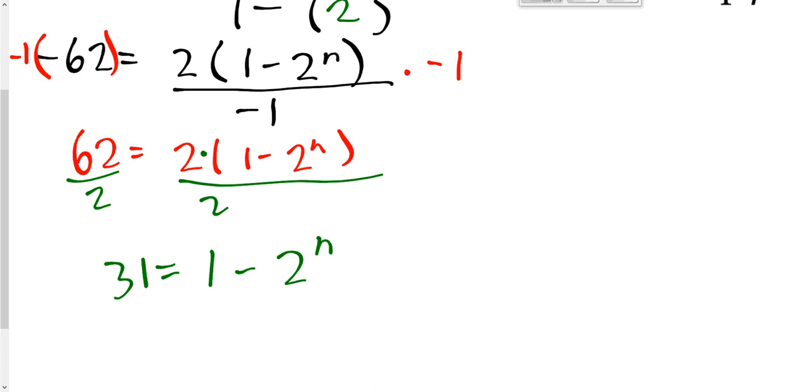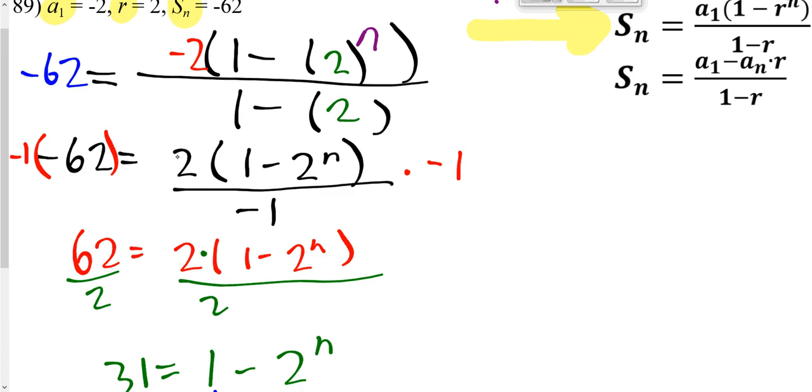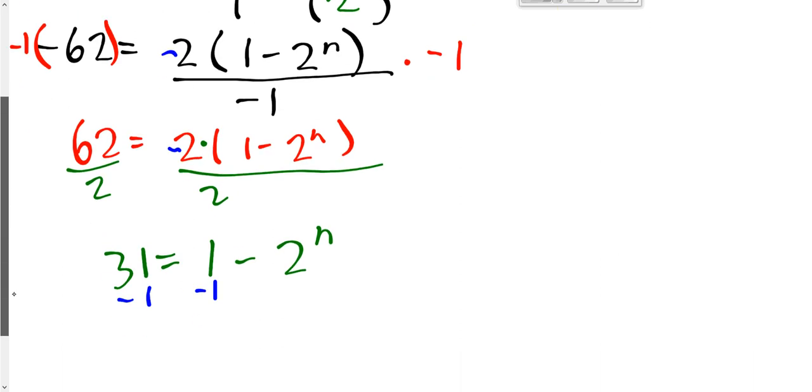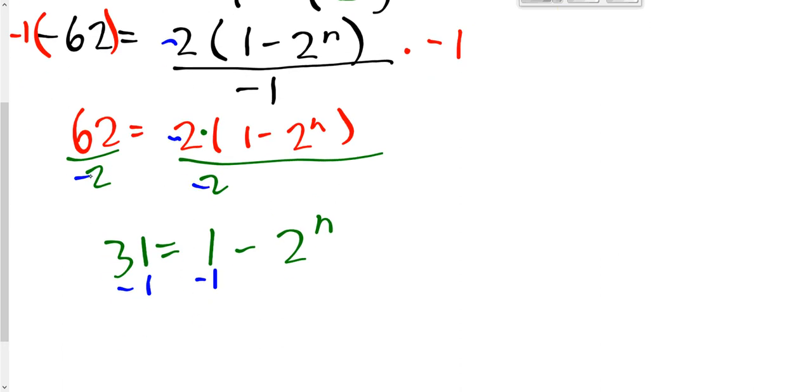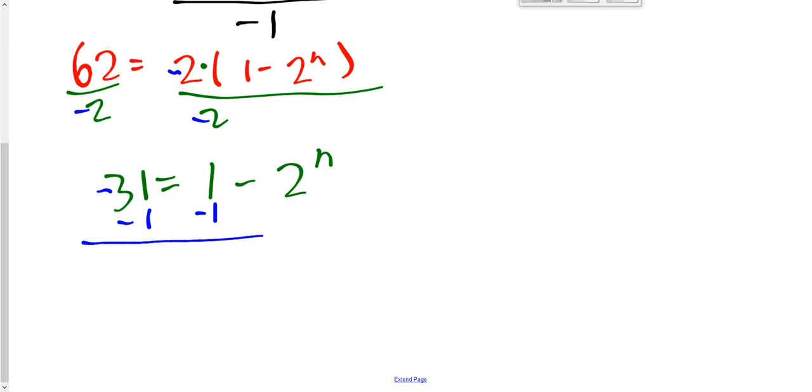Now I need to get rid of that 1. So I'm going to subtract a 1 from both sides. Okay, you'll notice I dropped my negative here. So I'm going to put that back in. So then I have to divide by -2. Then I subtract my 1.